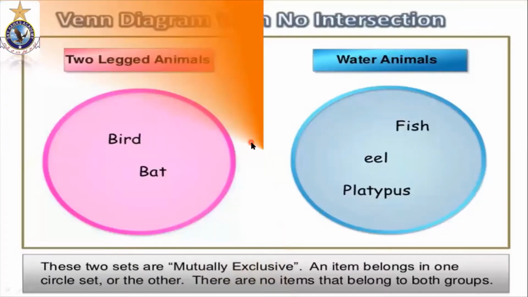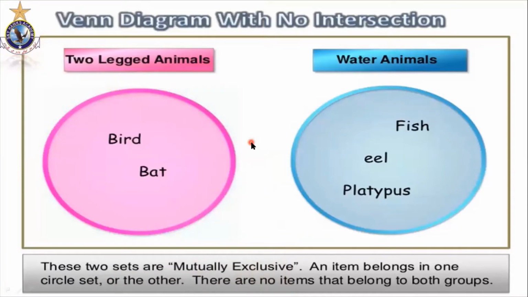Next is the intersection: a Venn diagram with no intersection. As you know, how can we define the intersection of two sets? Please. Common elements between two sets.